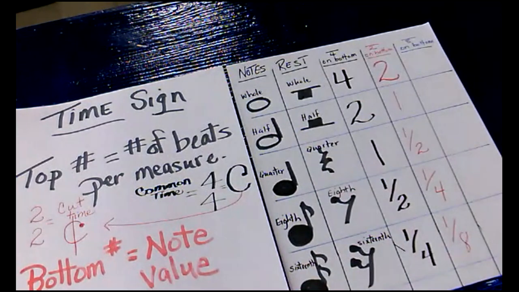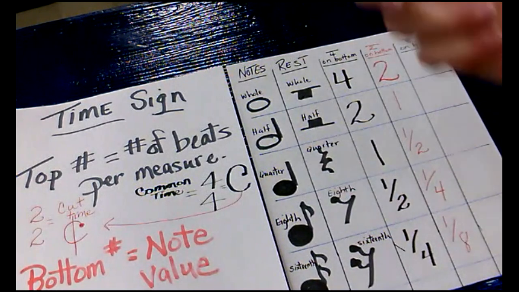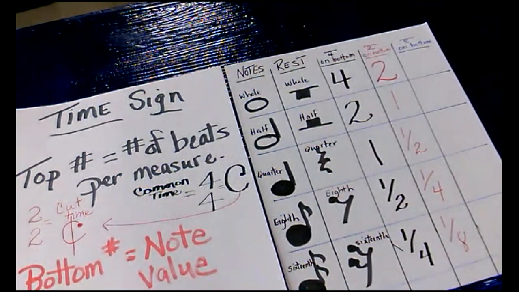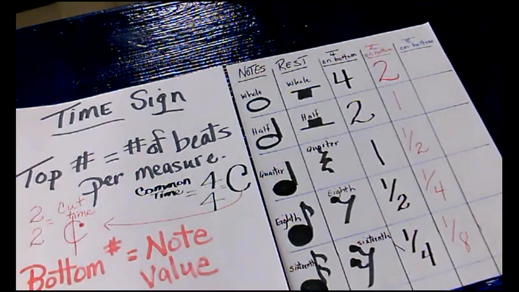We cut it in half so that it tells us immediately, okay, remember, you're going to cut all your note values in half when you see that 2/2, or when you see the C with a slash down through it. Okay, so we've got common time, 4/4. We see cut time, which is 2/2.